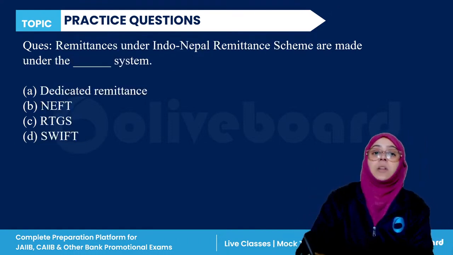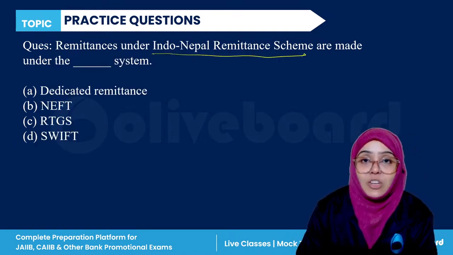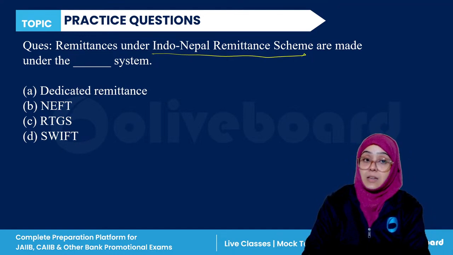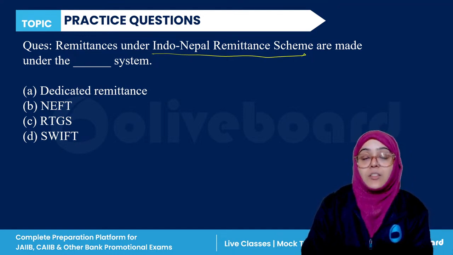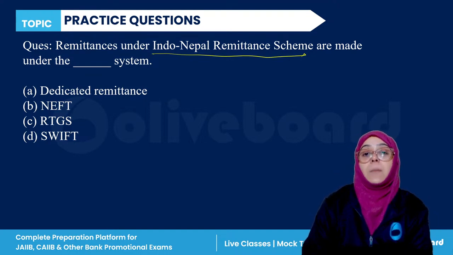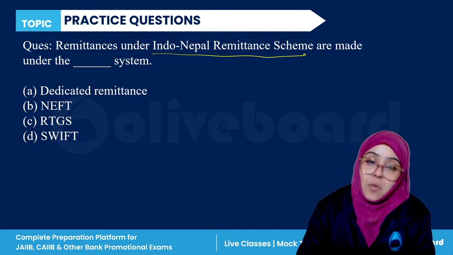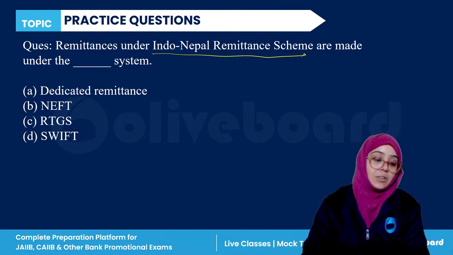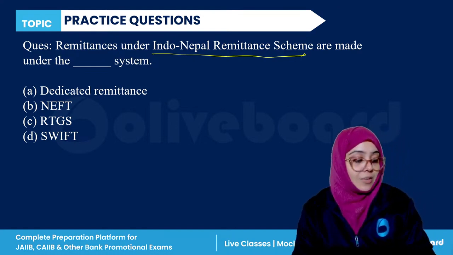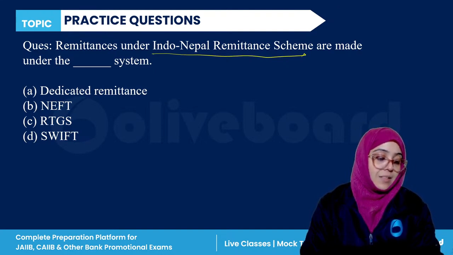Okay. Next question. Remittances under the Indo-Nepal Remittance Scheme are made by which settlement system? Dedicated remittance, NEFT, RTGS, or SWIFT? Very easy. If you are remitting money using the Indo-Nepal Remittance Scheme, it will be settled under which system? Please answer this question, guys.